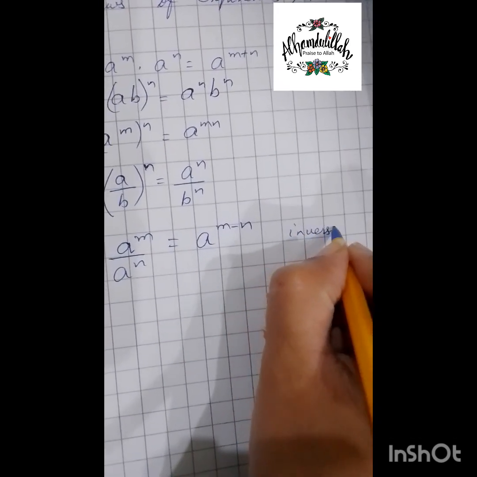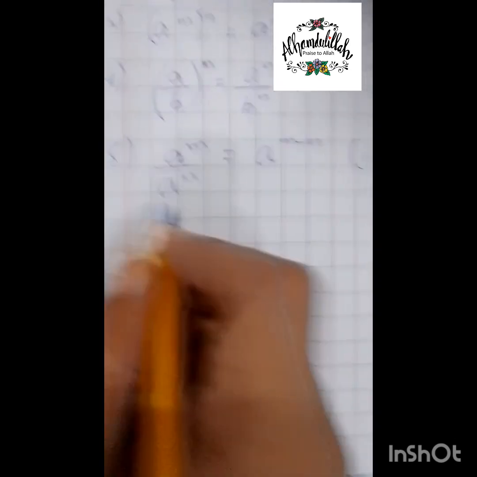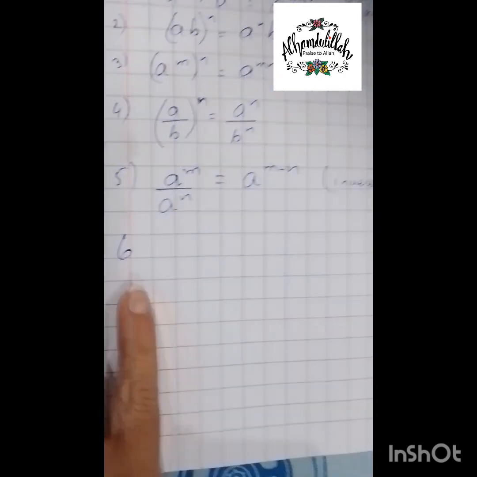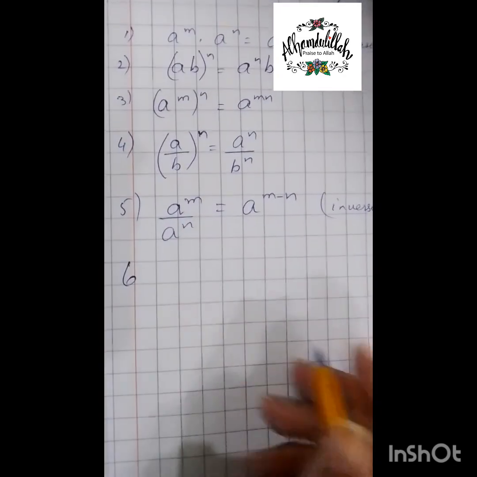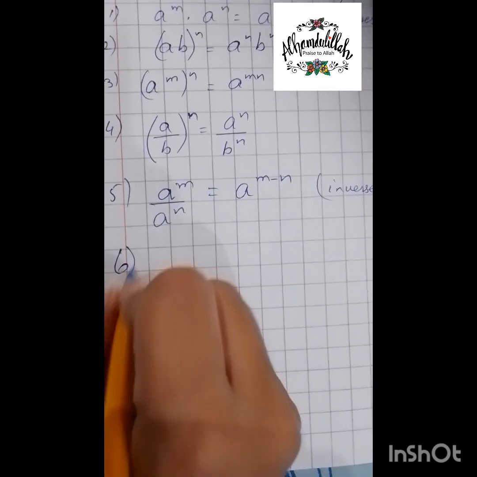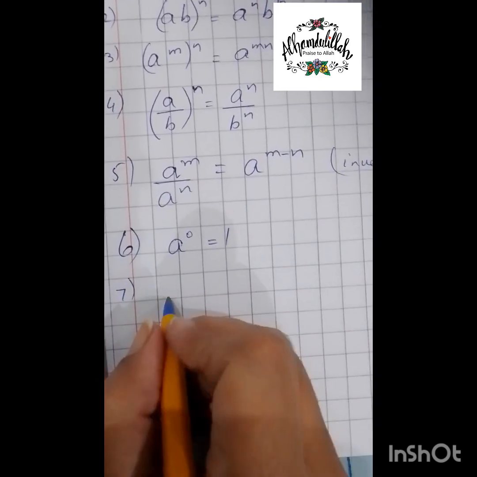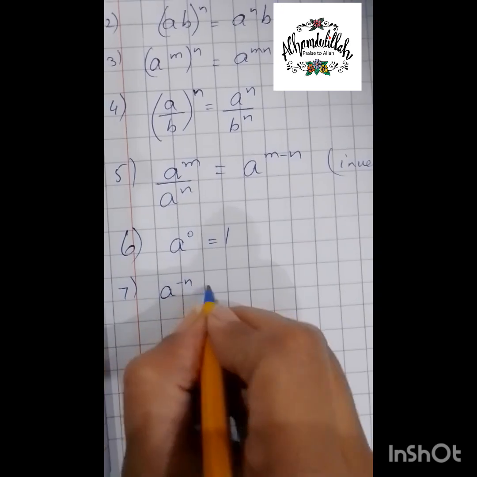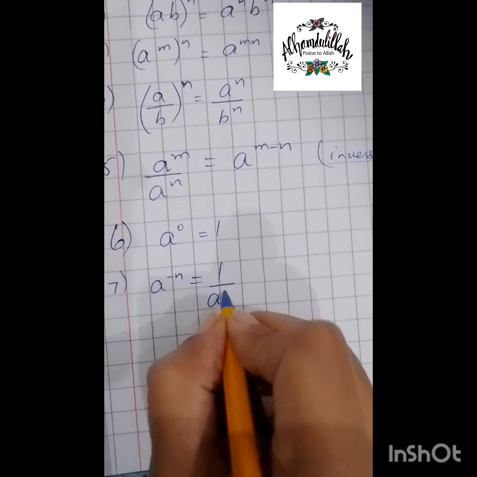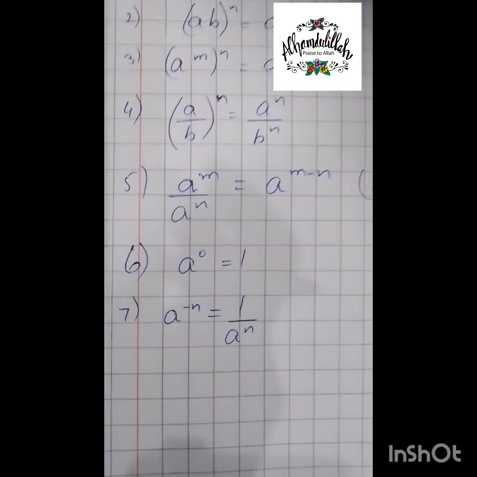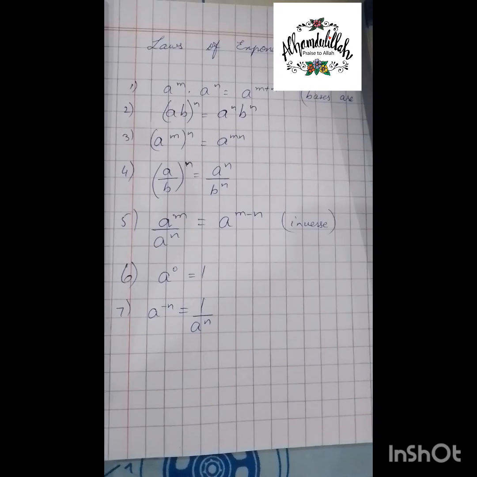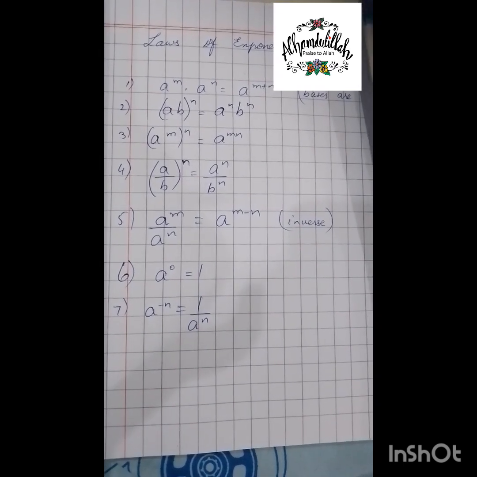Here I am writing a to the m upon a to the n, so taking the inverse, we can write it in the numerator, and then we can simply write the subtraction. Here a naught is equal to 1 always. Whatever the variable, a naught or b naught, it will be equal to 1.